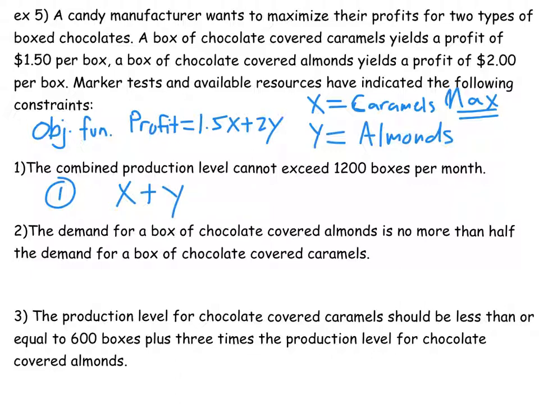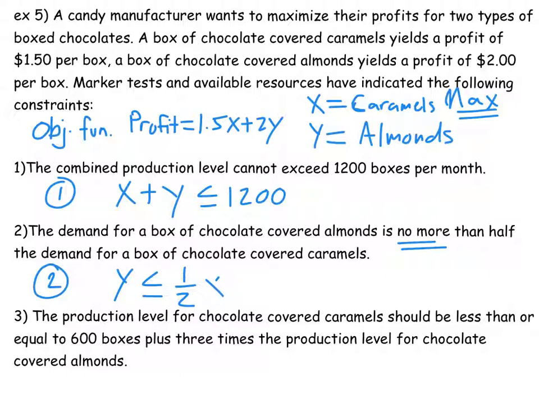That means if we add up x and y, it has to be less than or equal to 1,200. Okay, you can see I'm going to write 3 constraints here. Number 2 says the demand for chocolate-covered almonds, that's Y, is no more, which means less than or equal to, half of the demand for caramels.